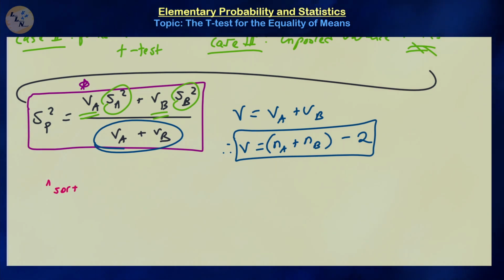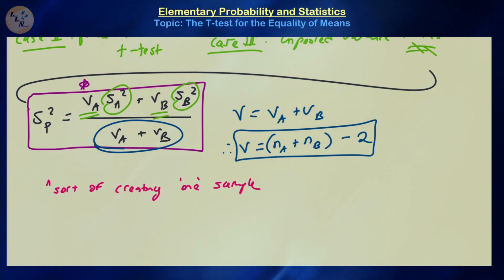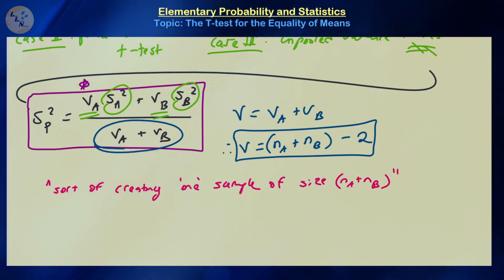So what are we actually doing here when we're pooling the variances together? We're combining or creating one sample of size NA plus NB. We can bring them together into the same one because they have the same exact variances, and we're testing to see if the means are equal to each other.